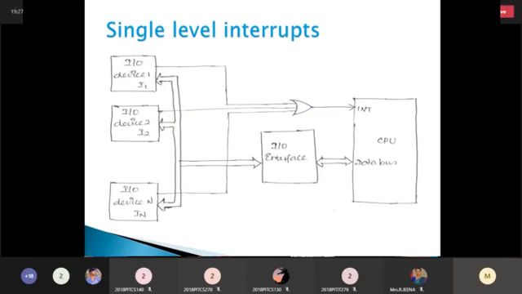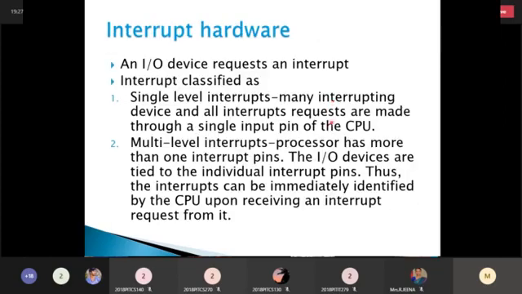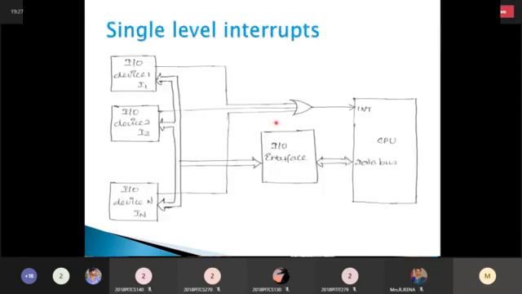See here, input output device 1 as I1, then input output device 2 as I2, and like that we have n number of input output devices. When they send the request, it goes through this gate as one input to a single input pin. That is what we stated previously. So all interrupt requests are made through the single input pin.